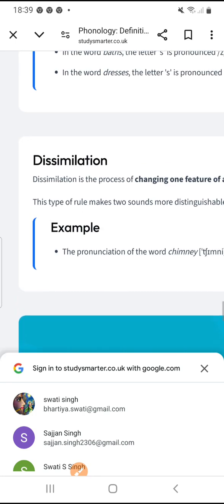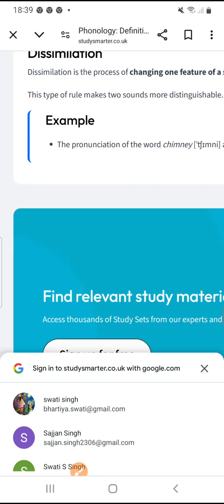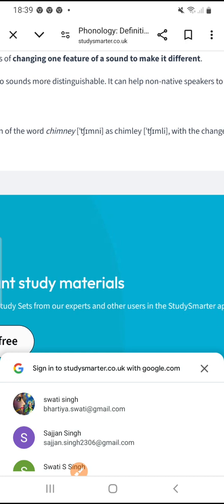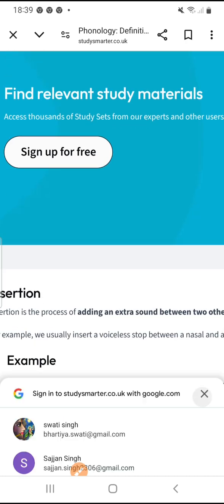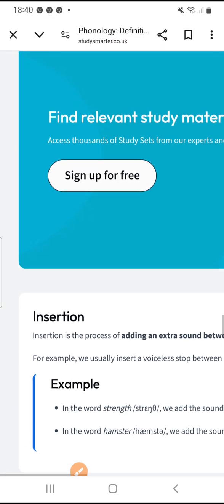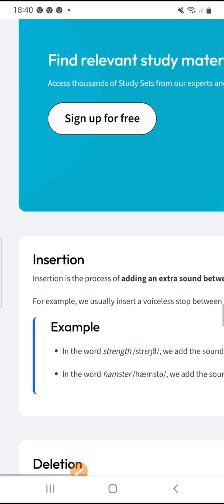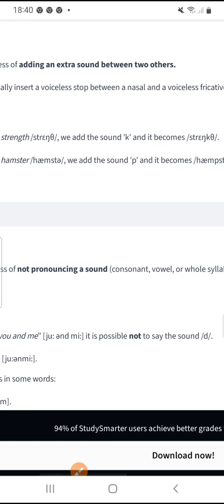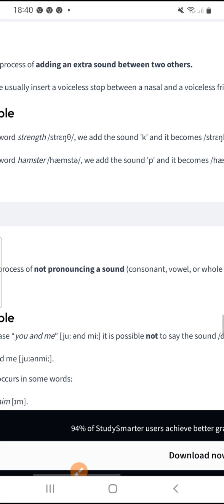Chimney with n, and chimley with l. So that is dissimilation: changing one feature of a sound to make it different. Now insertion. Insertion is the process of adding, as the name suggests, an extra sound between two others.